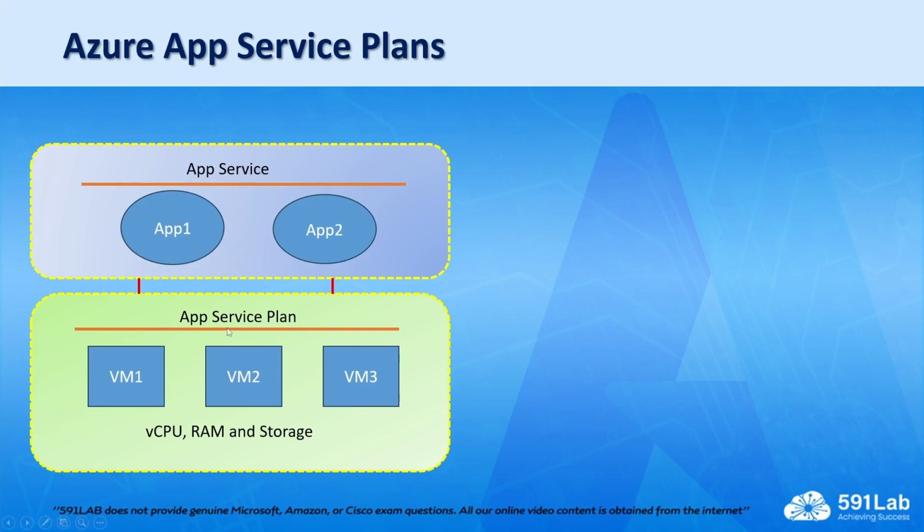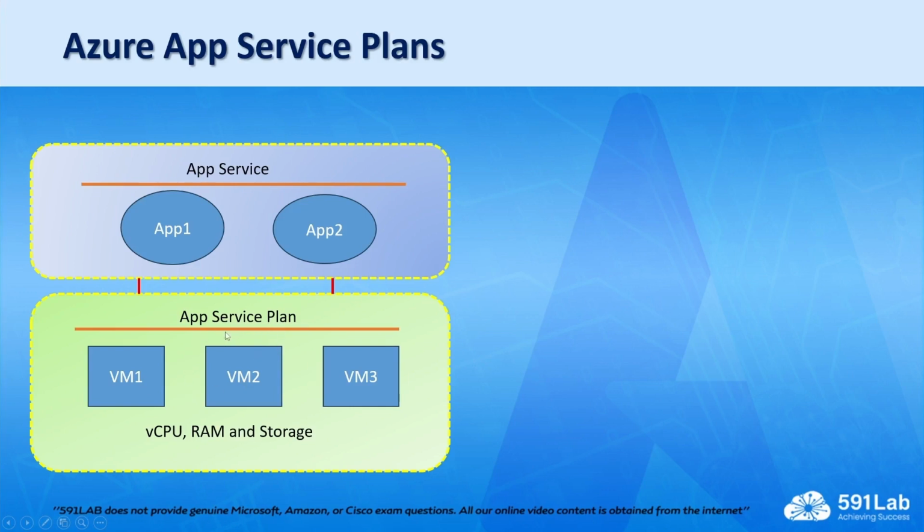All we need to do is upload our app and run the application. So here in this approach, the app service plan is basically the hardware which is managed by Microsoft. You can see here we have different virtual machines, and it entirely depends on Microsoft and the app service plan we are going to choose.